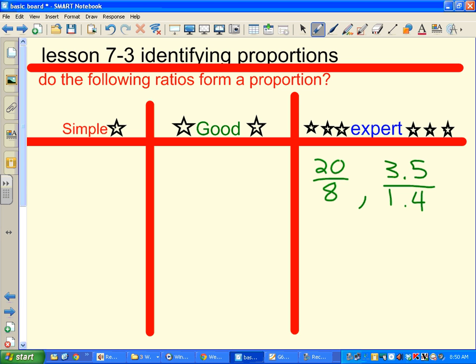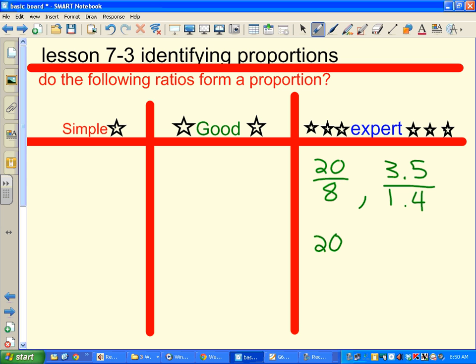Now you might say to yourself, Mr. Briggs, a decimal can't be a fraction, but we're really talking about a ratio, and in a ratio, yes, they can be. We have to think a little outside the box here, but we need to decide whether or not these are equivalent. If I try to use the simple way, well, I don't know, what times 20 gives me 3 divided by what gives me 3.5, and I don't know what times 8 off the top of my head equals 1.4. So this is going to be tricky. And as for good, I don't know how easy it's going to be for me to simplify 5 tenths. So this is where expert comes in handy.